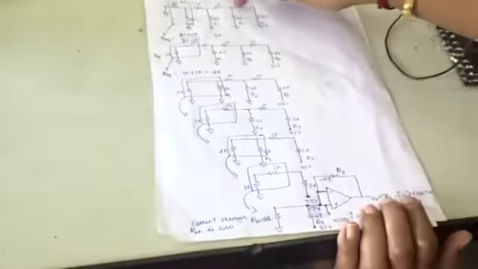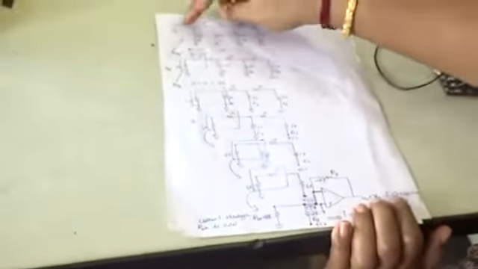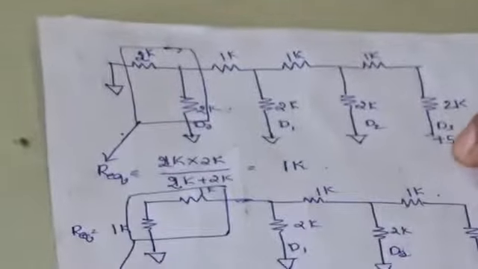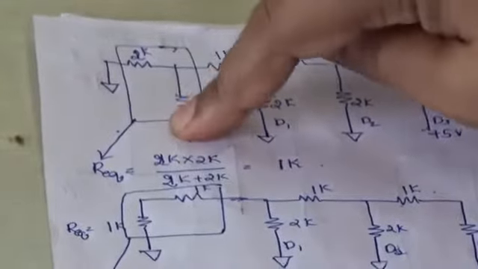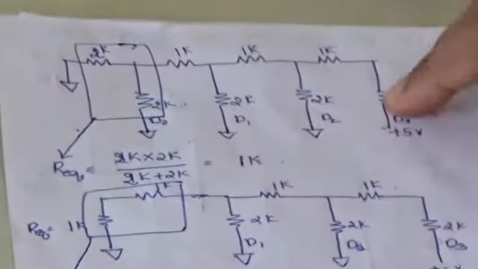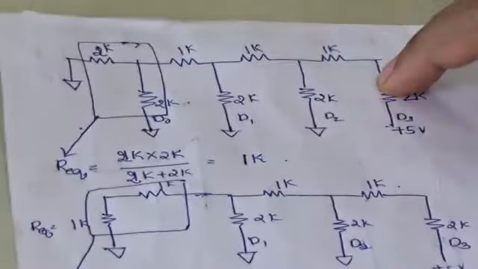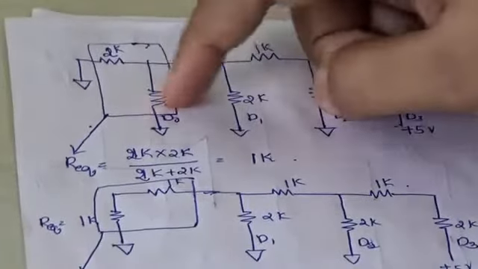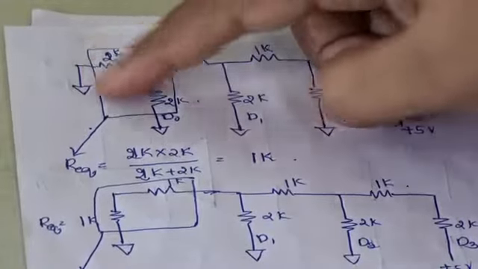This is a basic 4-bit R2R DAC, with 1K, 2K, 1K, 2K, 1K, 2K, 1K and 2K. To D3 we are providing plus 5 volt, that is 1, 0, 0, 0. And we get the equivalent circuit by calculating the equivalent resistance in each stage.